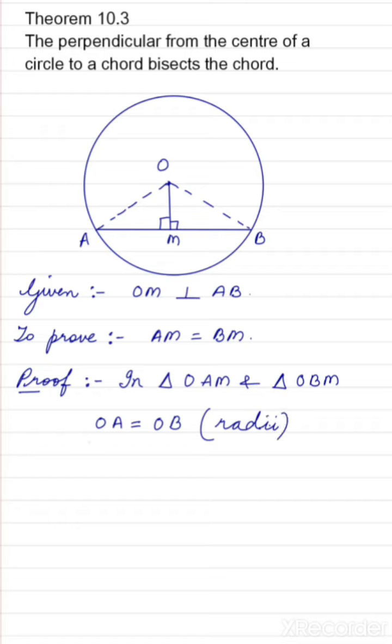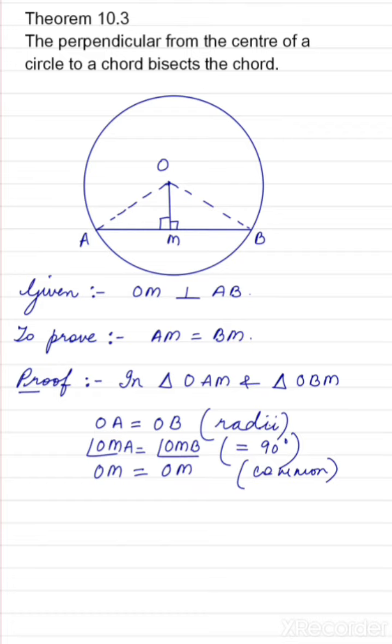Then we have angle OMA is equal to angle OMB, each equal to 90 degrees. It is given to us. And then OM is equal to OM, that is common.